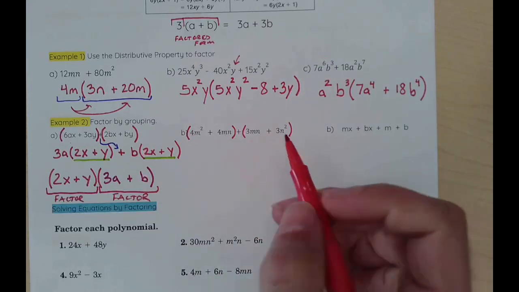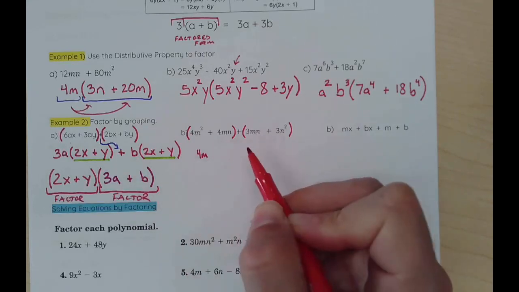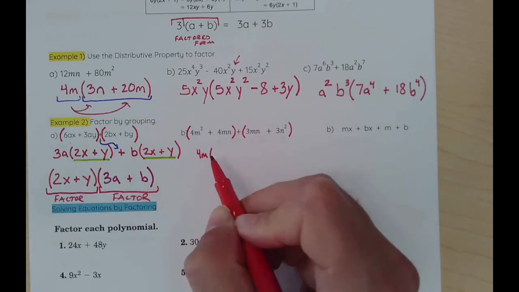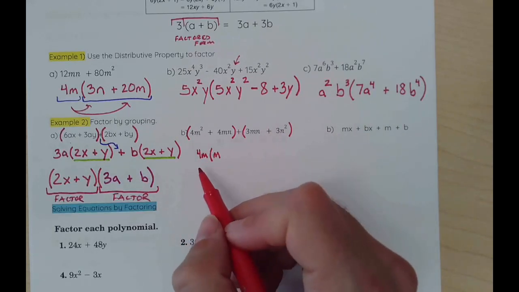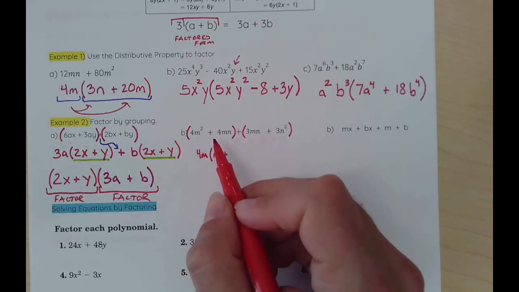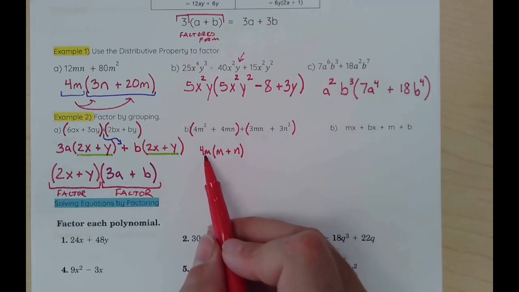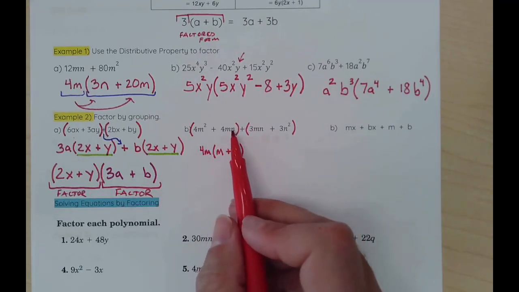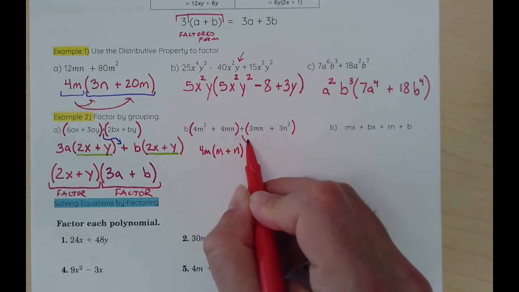So 4M. This leaves me with M. 4M times M is 4M squared plus N. 4M distributed to the N would be 4MN. Plus, so here's my, bring down my plus sign.